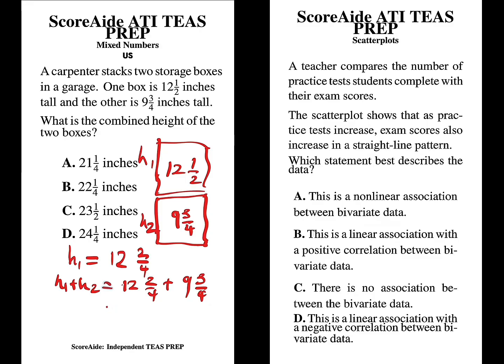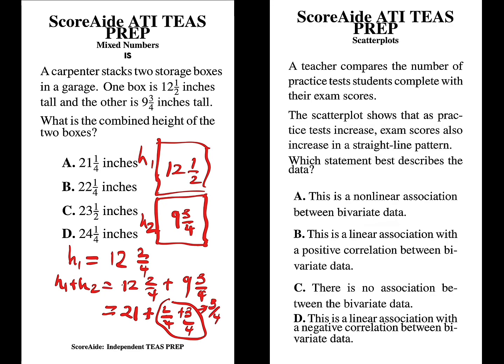So this is going to give us 21 plus, now we can add the fractions, which will be 2 over 4 plus 3 over 4. So this is going to give us 5 over 4.